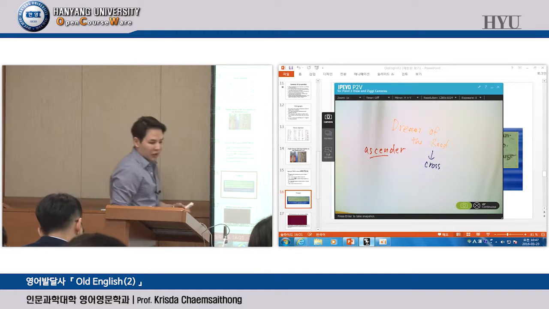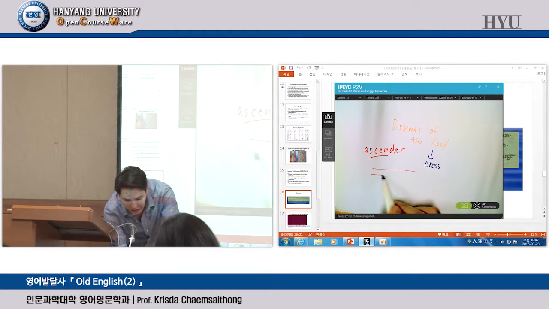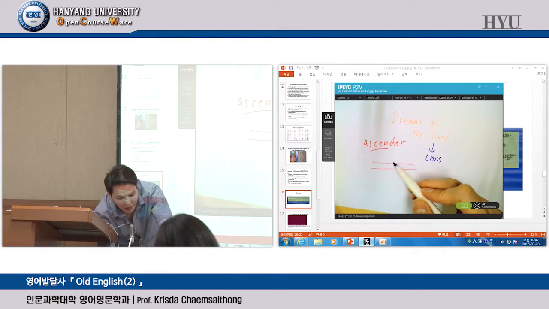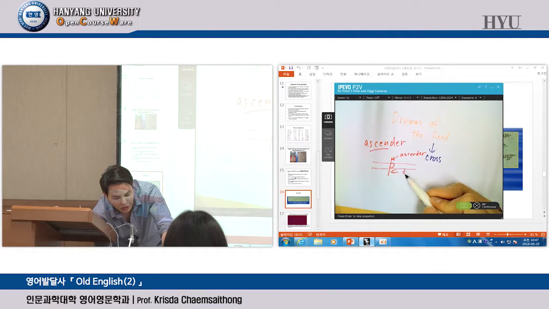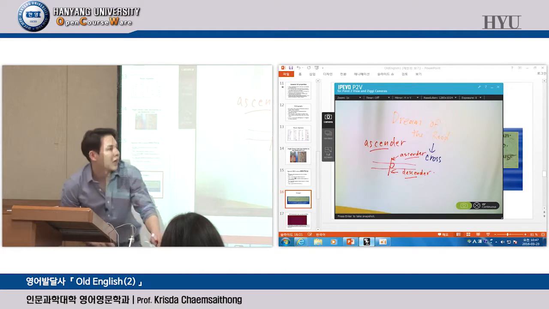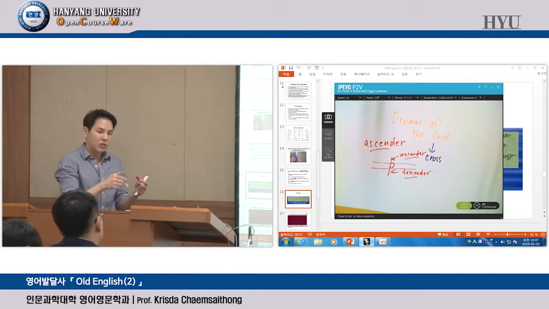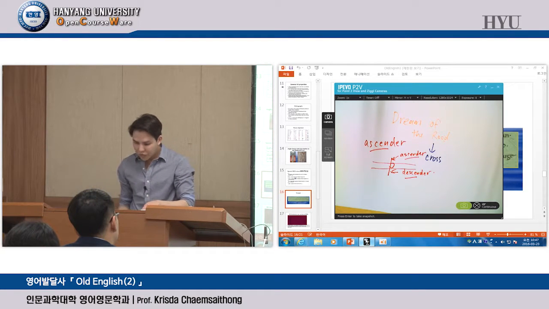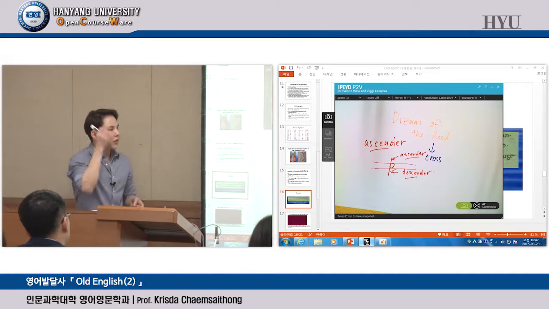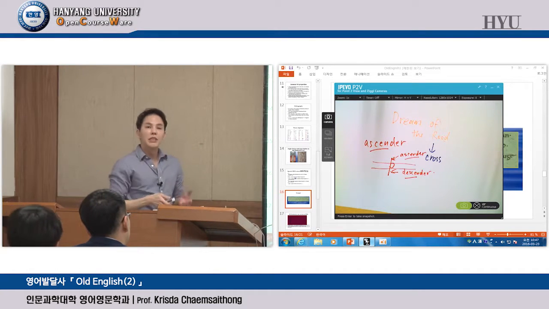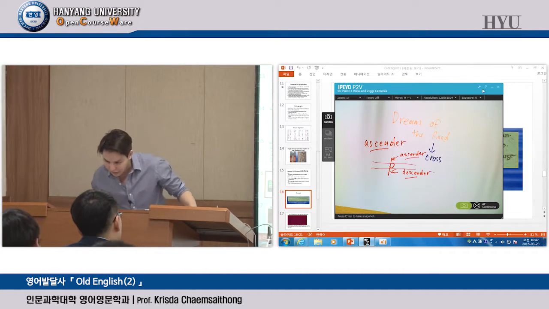Let's say this is a line in the manuscript. If you go above the line, this is called the ascender. And if you go below the line, it's called a descender. Ascend is to go up, descend is to come down. So for the thorn there is this ascender, but for the wynn there's no ascender. But still, they can be confusing sometimes.